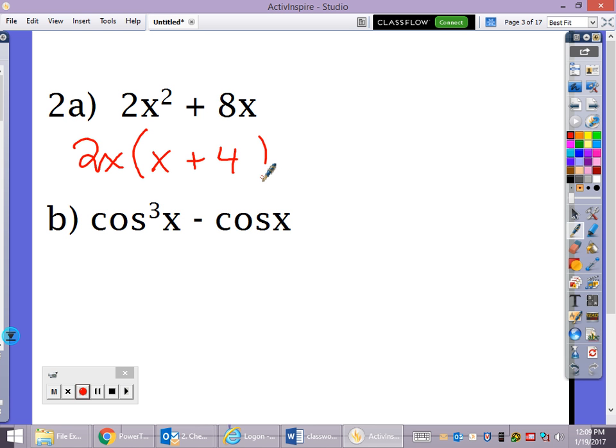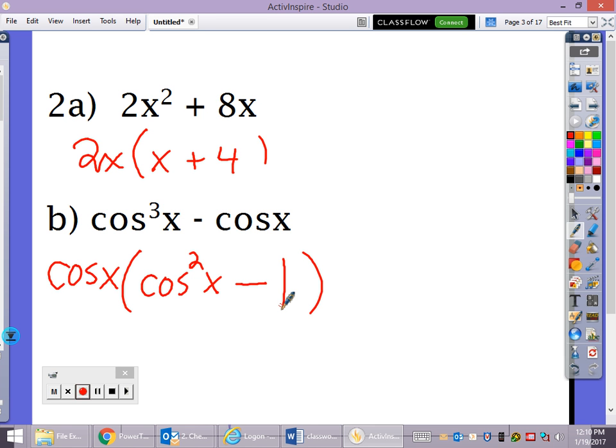Okay, so what is the GCF? Cosine x. Okay, so when I take a cosine x away from this, that leaves me with cosine squared x minus 1.